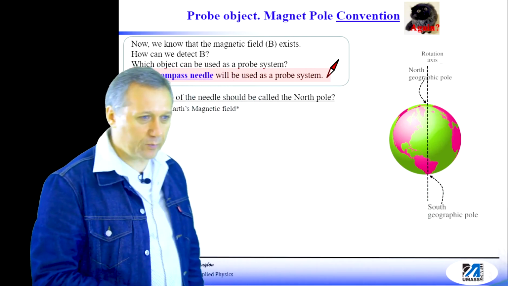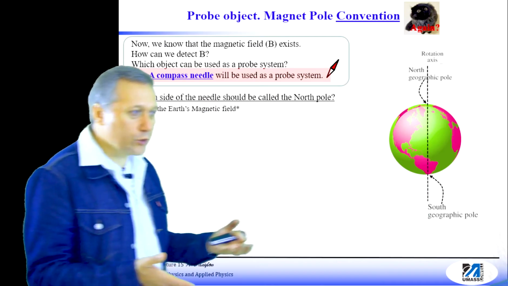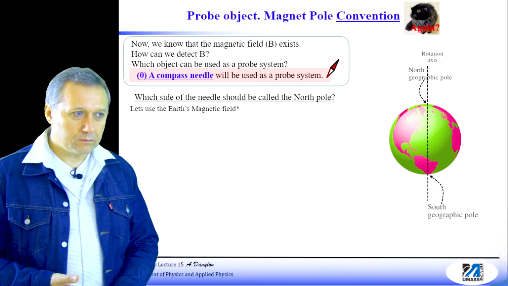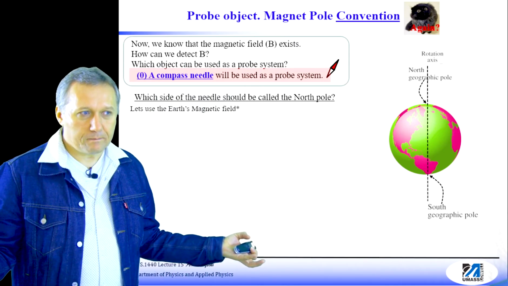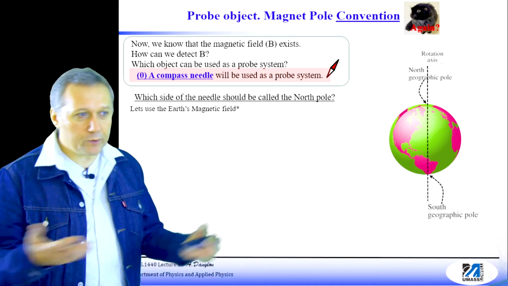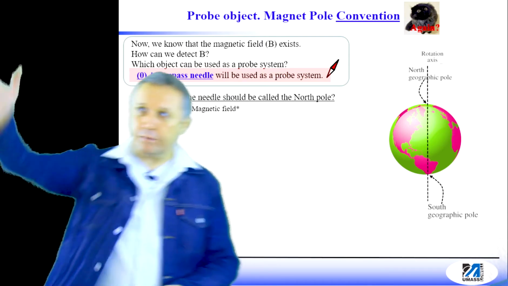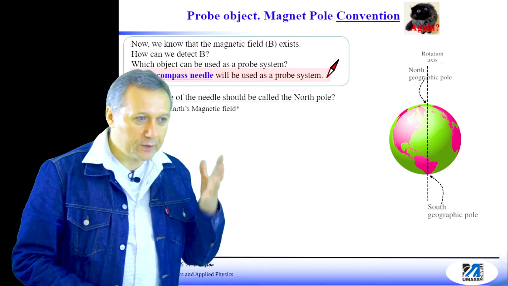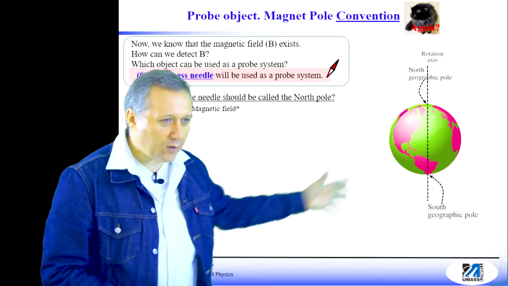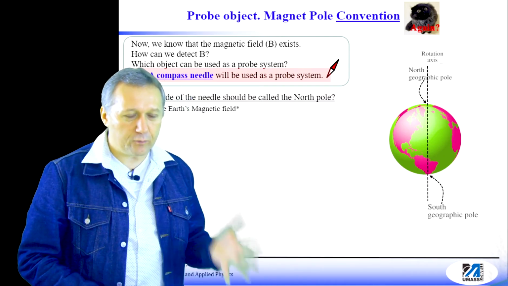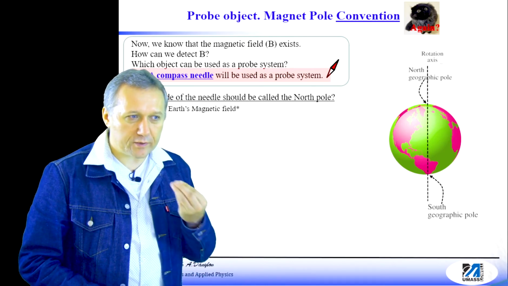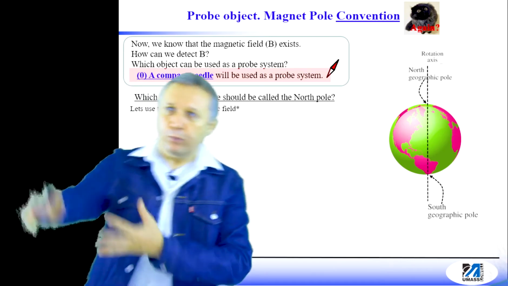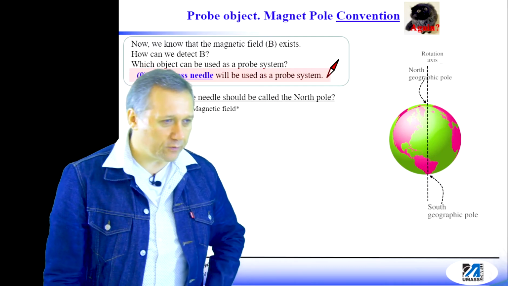Now, how did we use compasses in the past in our life? Every time we use compasses to find what? To find the direction to the North Pole, to find Santa. For thousands and thousands of years, we used the compass to find the direction to the North Pole. So as a result, what should you call that side of the compass needle which points all the time to the North Pole, or north geographical pole?